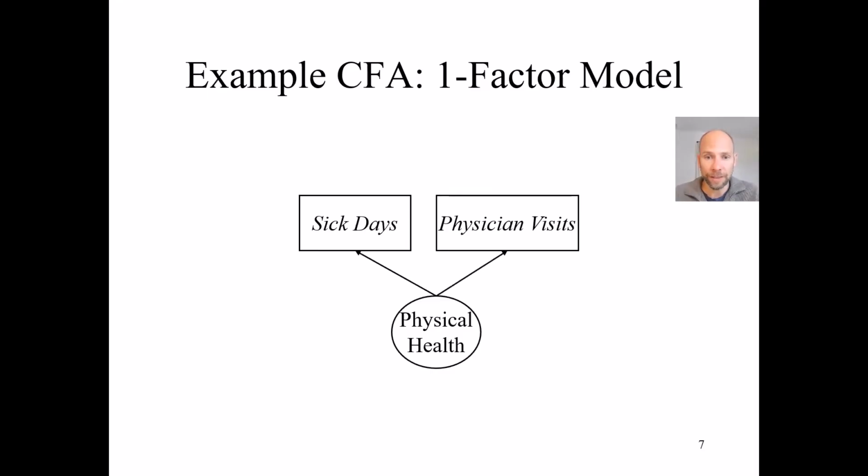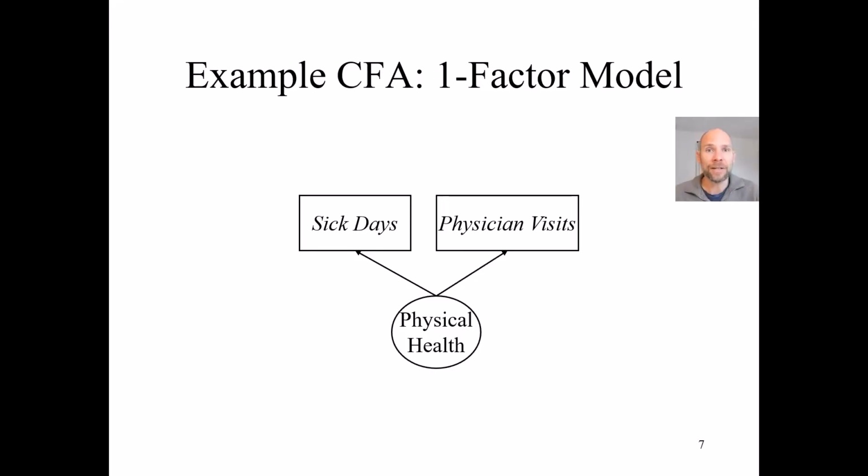So two indicators. And so the idea is that the latent variable is what causes variation in these measures. So the reason why people differ on their number of sick days and on the number of physician visits is because there are true inter-individual differences in physical health in the population. And so therefore we see some true variability in those measures.